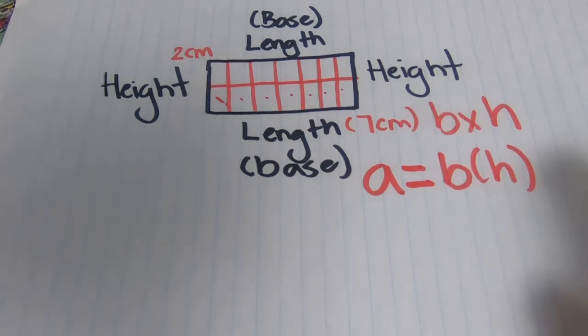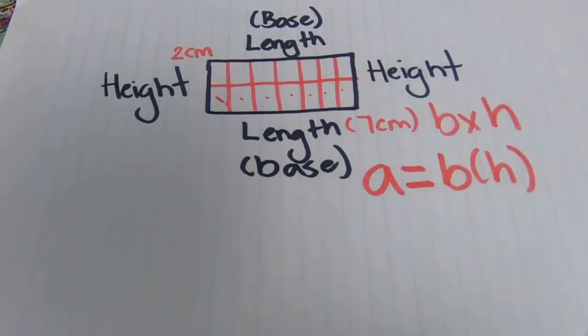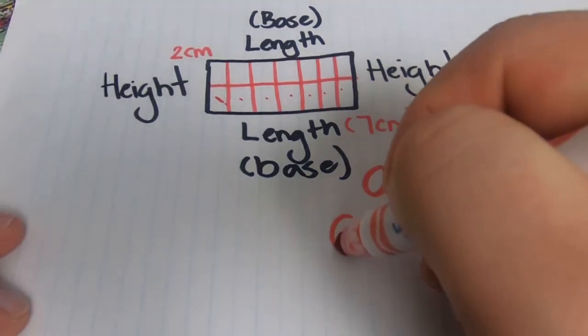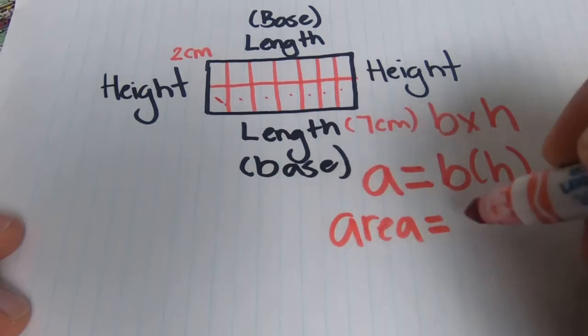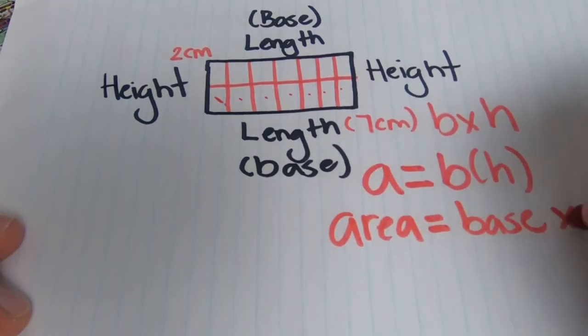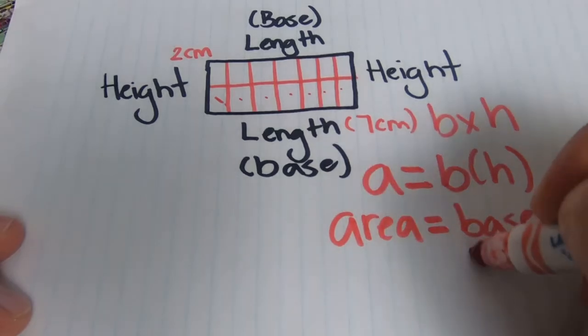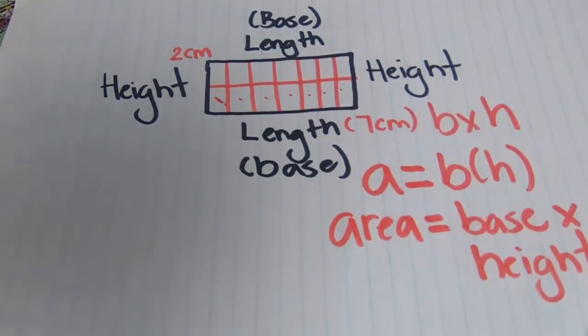So I start all my problems off with area equals base times height. And I'm going to write that out for you here. So the area of this shape is going to be the base of the shape times the height of the shape. The base and the height. So for this particular shape, we don't know the area.